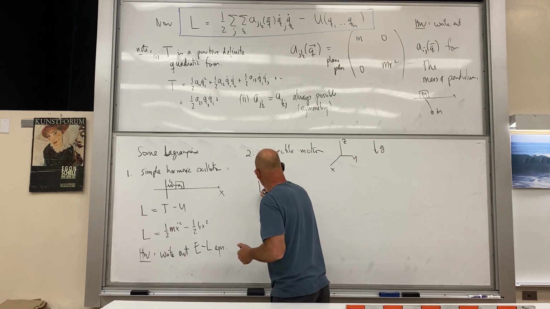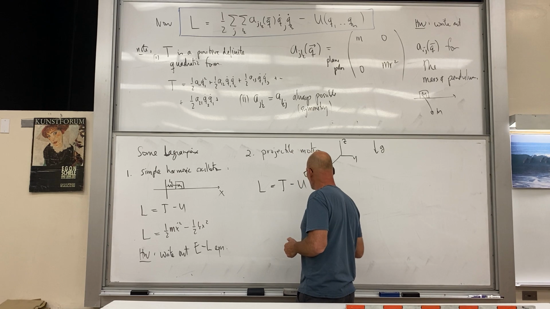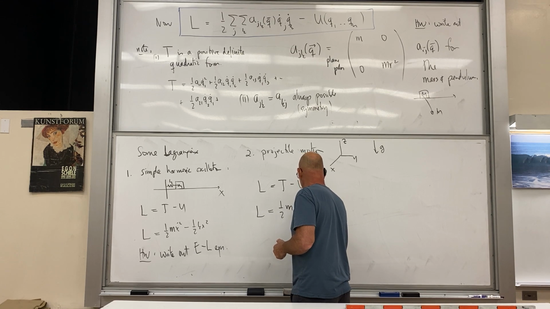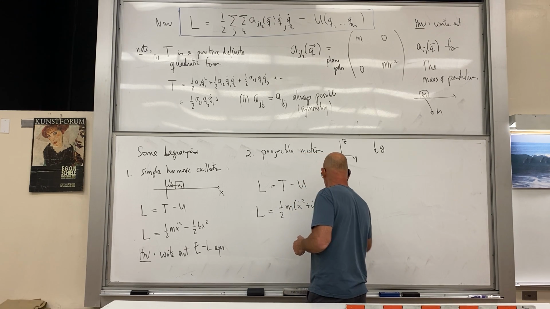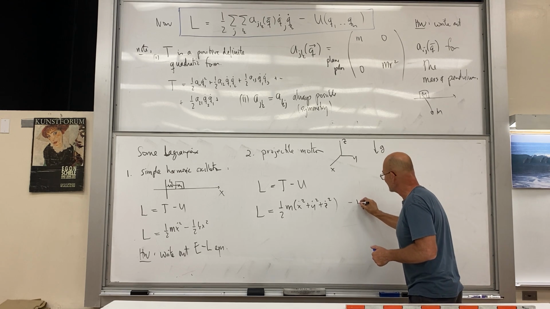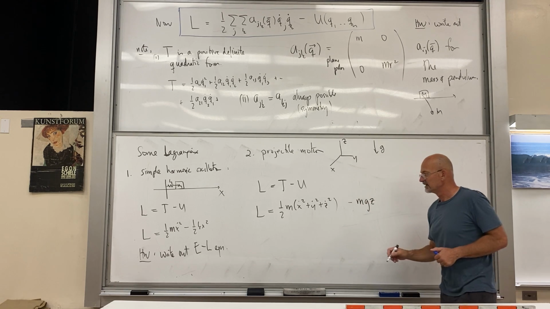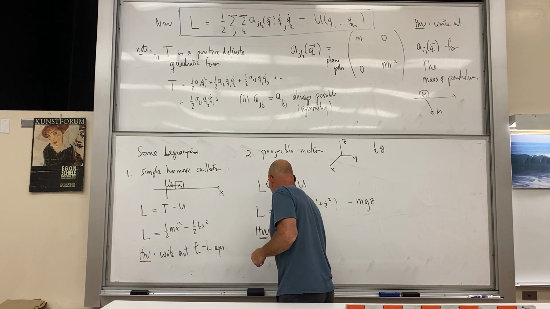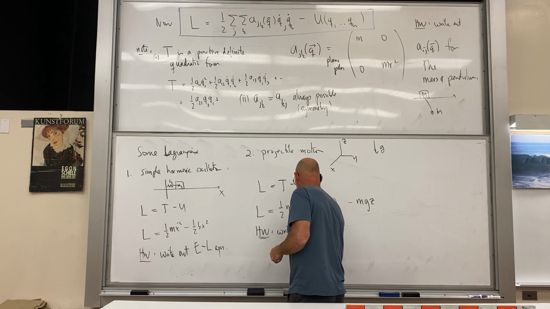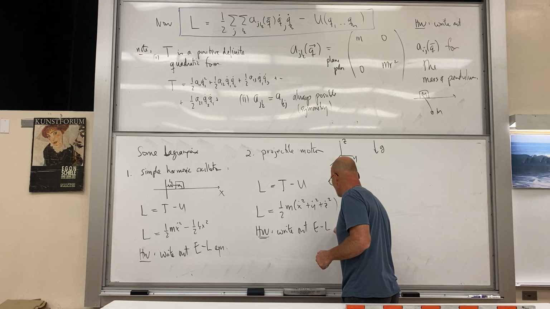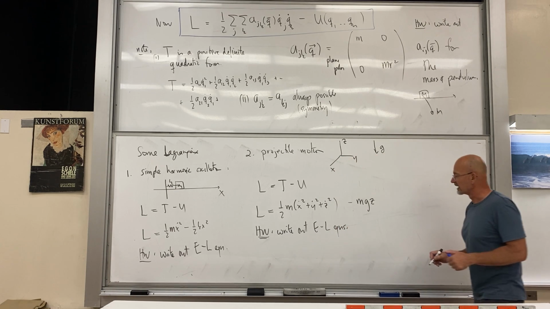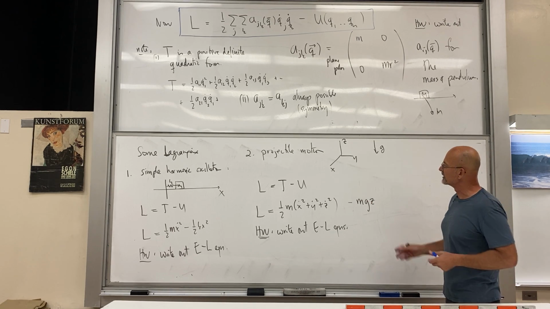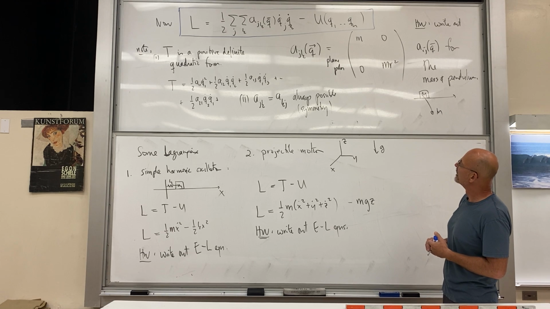So now we have L equals T minus U, L equals 1/2 m (x dot squared plus y dot squared plus z dot squared) minus mgz. It's our Lagrangian. And again, go ahead and write out the Euler-Lagrange equations. These are really familiar things that you definitely want to make sure we had.